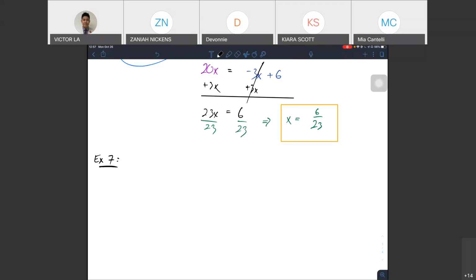Let's say we have 3k minus, let's say 4 squared. This is going to be equal to 2.